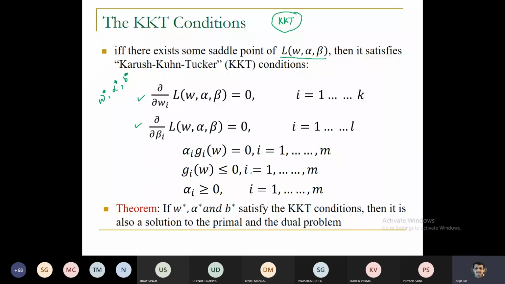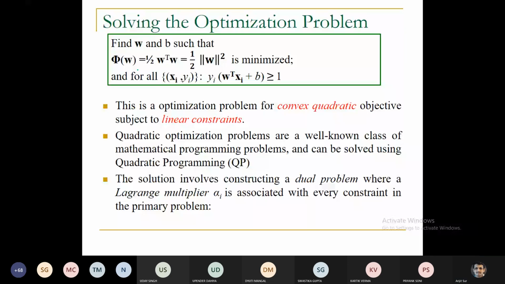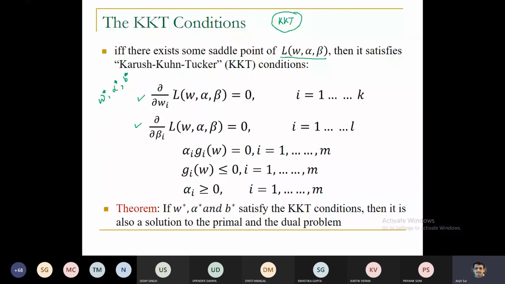Okay, so this is also a result. With this background, the proof is, as I already said, beyond the scope of our discussion.